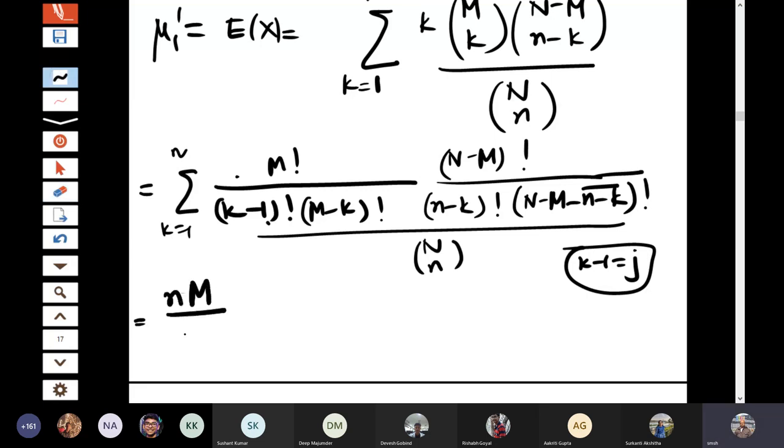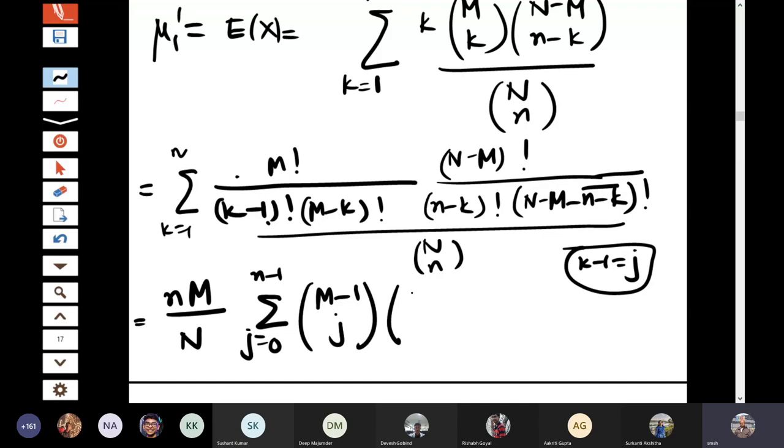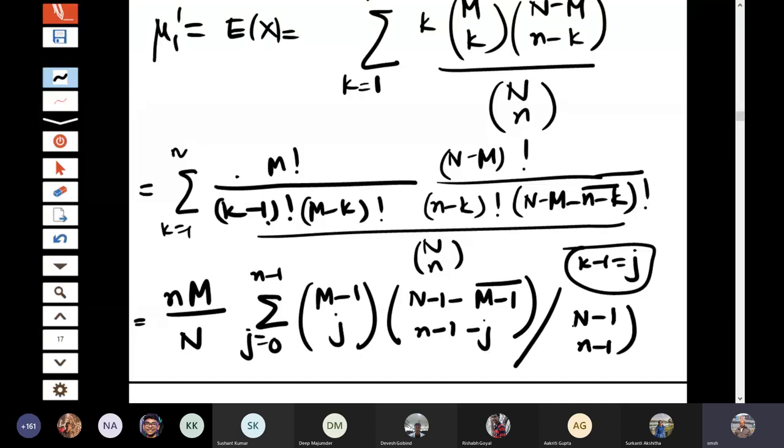N m by n, and then you are having all these terms coming. That is, the sum over j equal to 0 to n minus 1 of m minus 1 cj into n minus 1 minus m minus 1 c n minus 1 minus j, divided by n minus 1 c n minus 1.